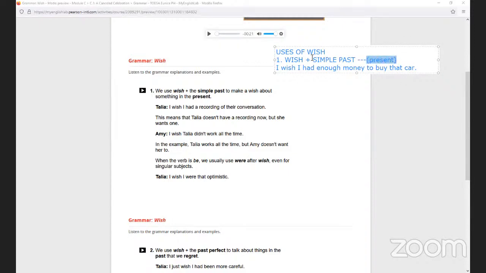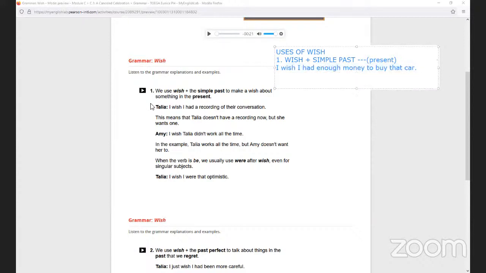But in the structure, we have to use the simple past. Of course, it doesn't mean that this wish is in the past. This wish is written in past, but it is happening in the present, okay?